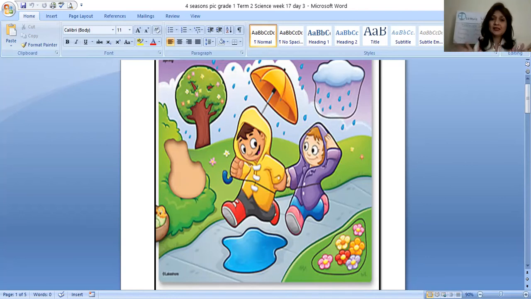So you can easily see that these two boys, these two children, they are enjoying, they are having fun. They are enjoying the rain, they are enjoying the greenery, they are enjoying the flowers, right? But they are not wearing summer clothes, they are not wearing winter clothes. They are wearing normal clothes, right?